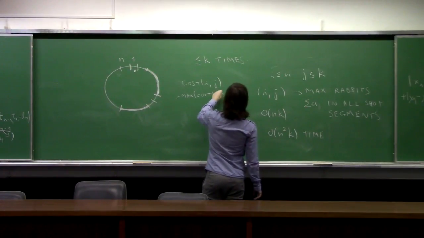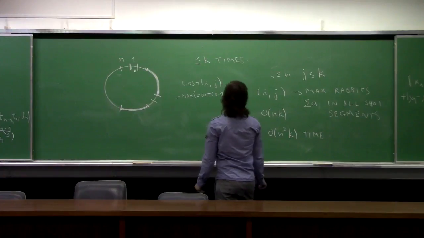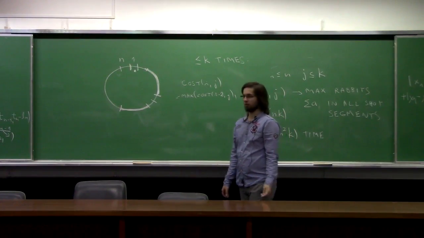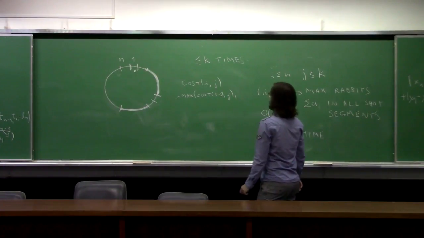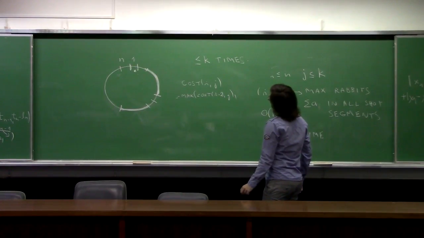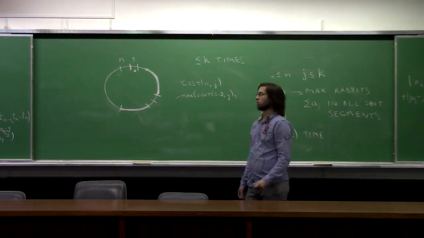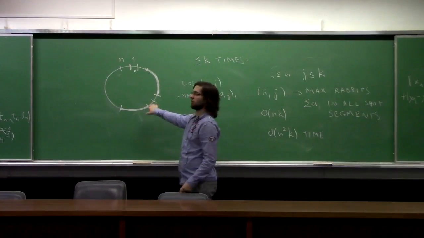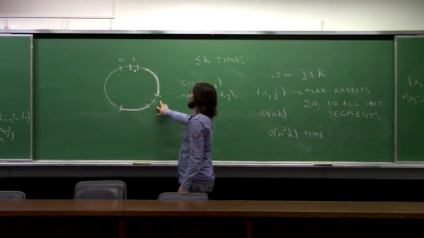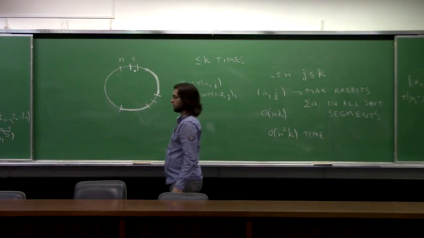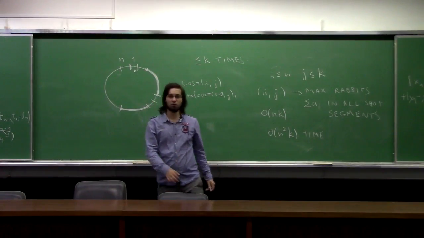Cost I minus 2 j, because if place I isn't shot and the rabbits from there don't die ever, then place I minus 1 also shouldn't be shot, since we don't want two consecutive places that are shot.